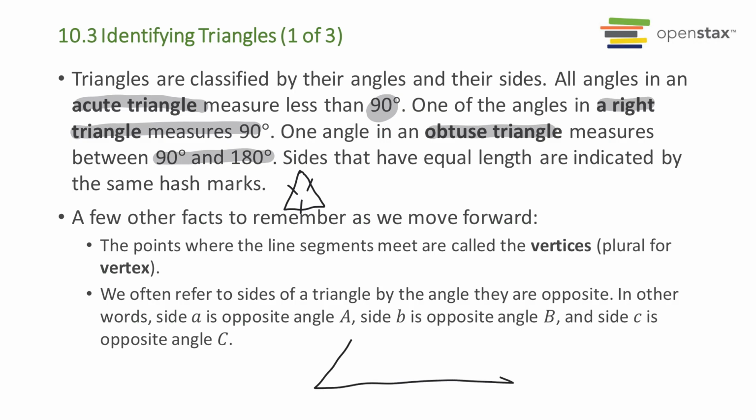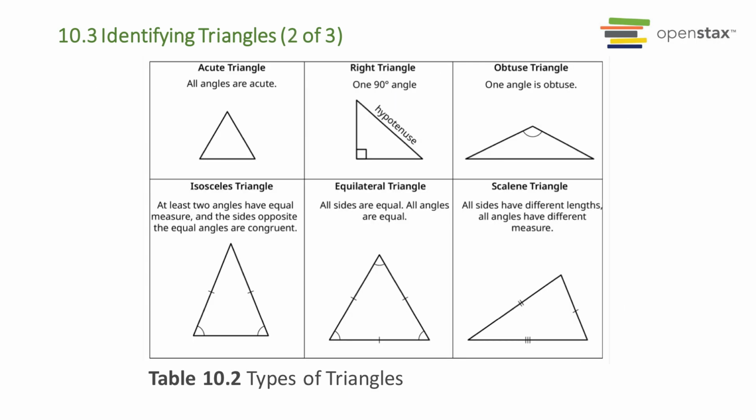So for example, if we had this triangle and called it triangle ABC, then side a is a little a across from big A, side b is a little b across from big B, and little c is across from big C. Capital letters are vertices or angles, lowercase letters are sides.